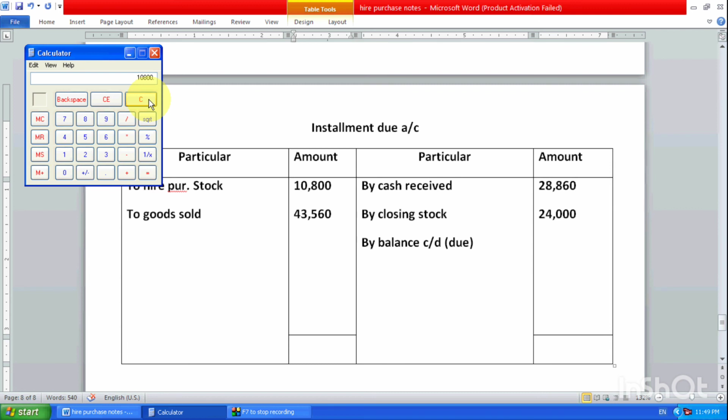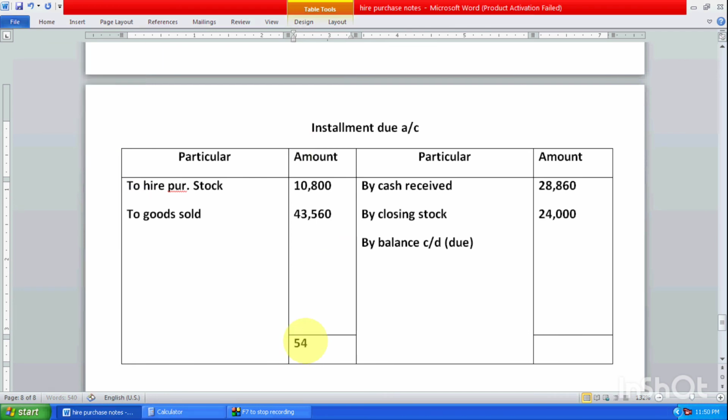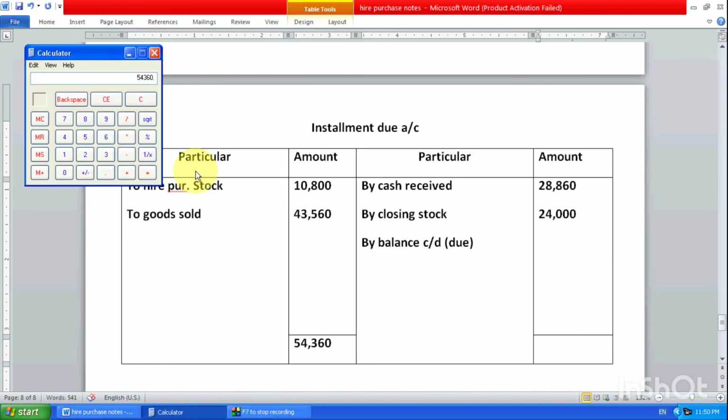Right here 43 plus 10,000, that's 53, 54,360. So now how much are we getting? We are getting a loss here, we are not getting profit.